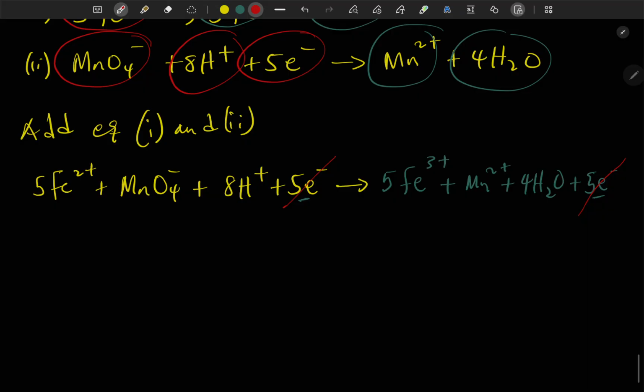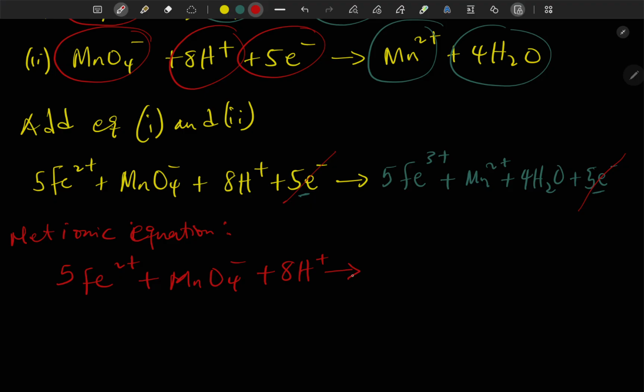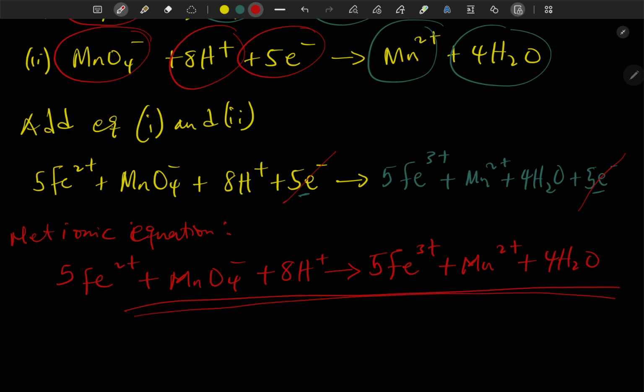So which means that the net ionic equation will now give us 5Fe2 plus, MnO4 minus plus 8H plus gives 5Fe3 plus, Mn2 plus, 4H2O. So this is the balanced net ionic equation.